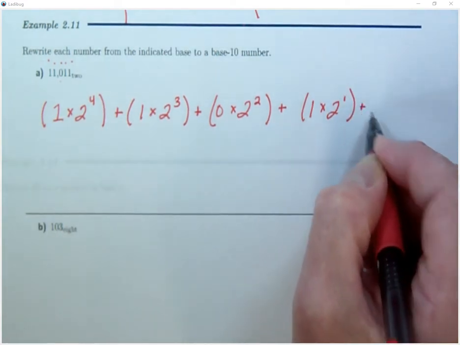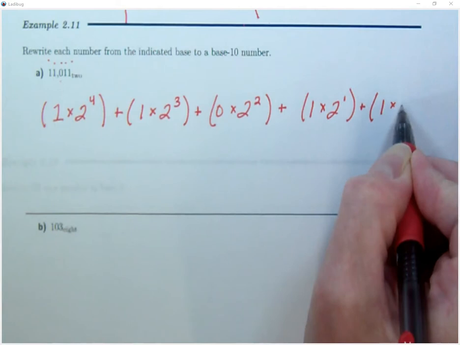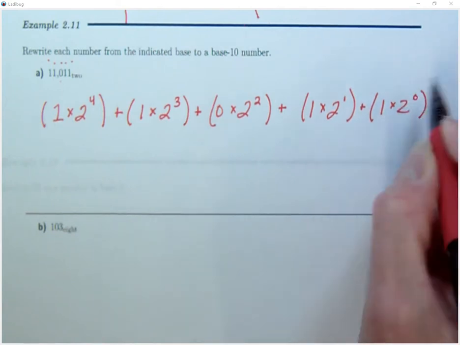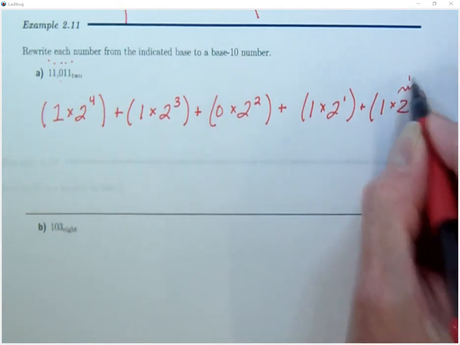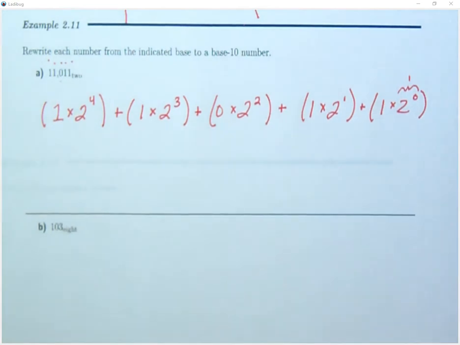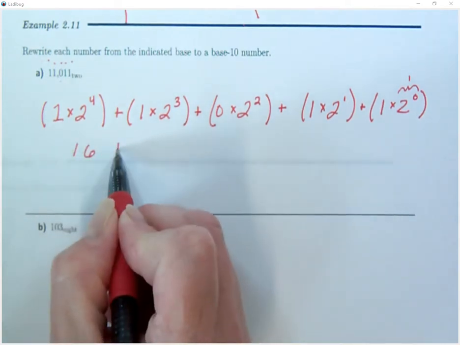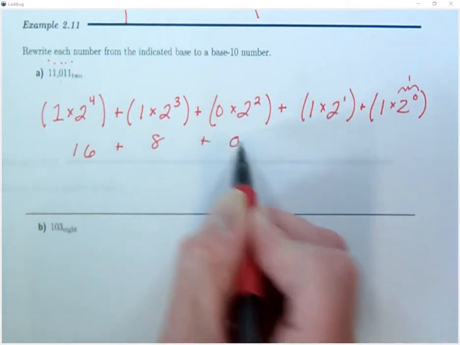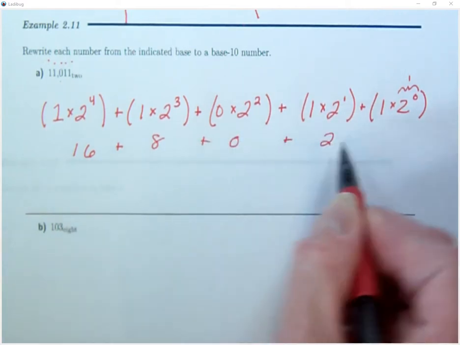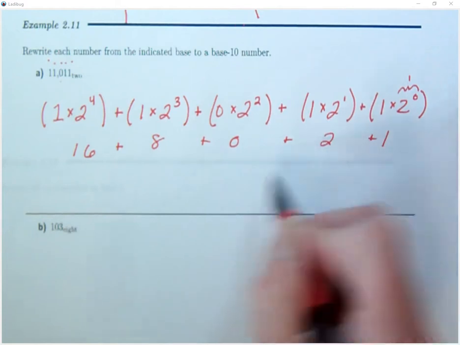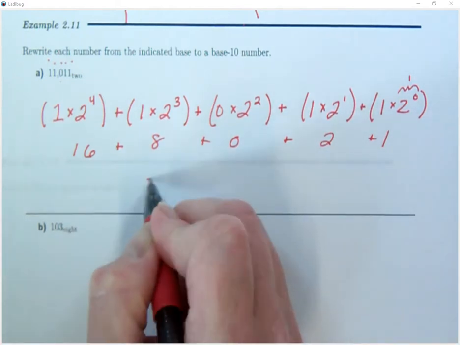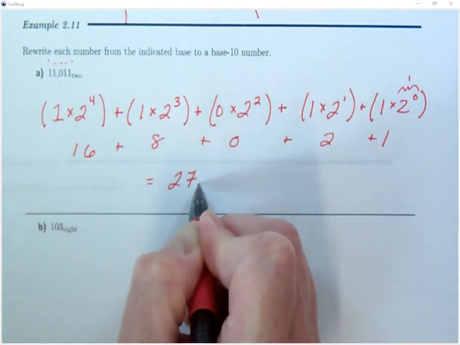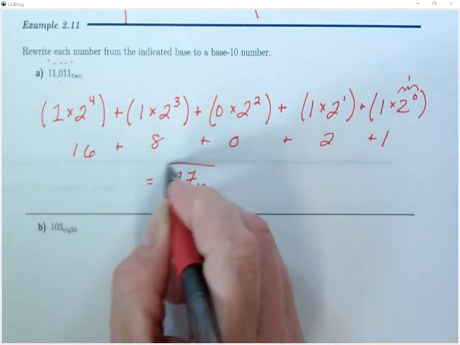And lastly, we have 1 times 2 to the 0, which I usually write a little 1 there so I don't forget and just inadvertently look at it. Then I have 16, and just calculate them out, plus 8 plus 0 plus 2 plus 1, and now I'm going to add up all those numbers, and I get 27 base 10 as my answer.